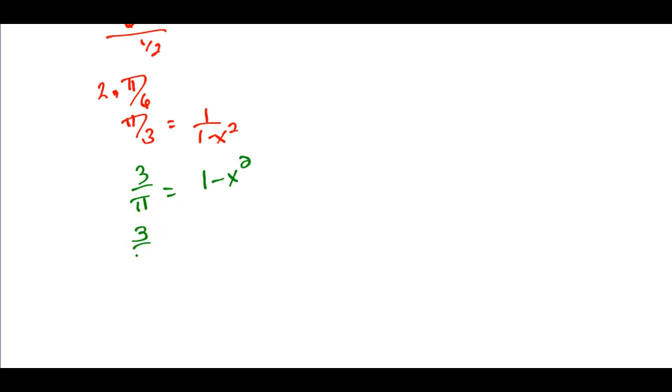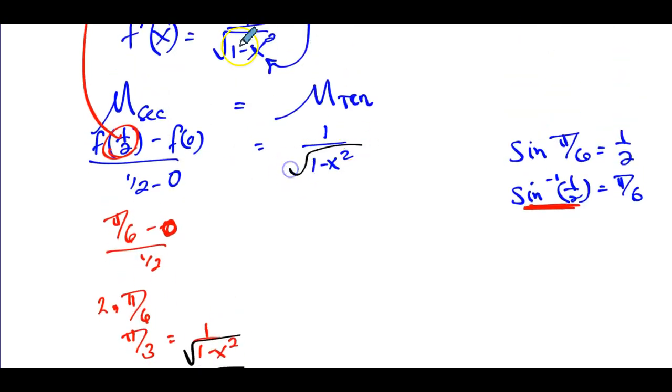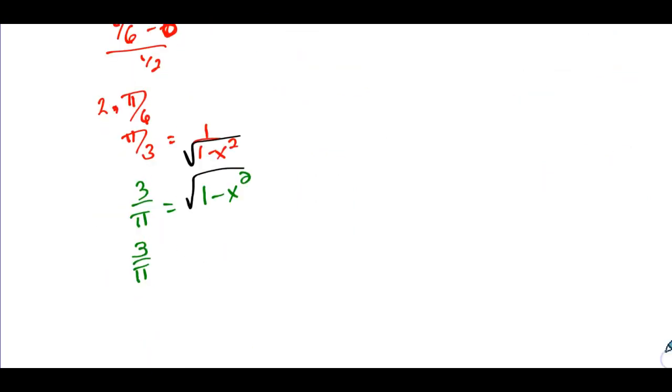Subtract 1. I could get a common denominator here. Oh, wait a minute, I have the wrong derivative. This is the square root. Oh, jeez, I dropped it. I made my mistake. So I better square this thing first. So this becomes 9 over pi squared is equal to 1 minus x squared.